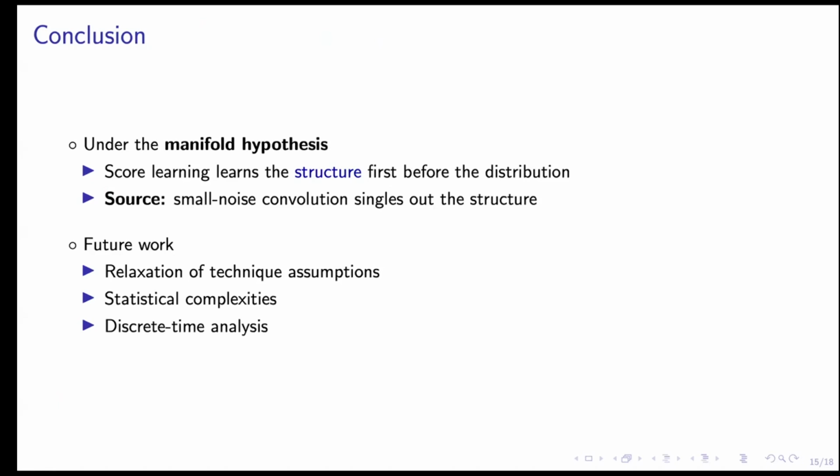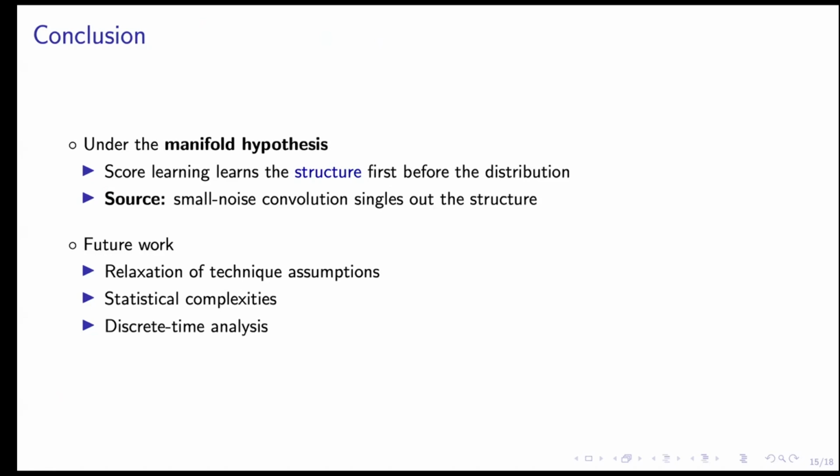A more realistic scenario is whether this can be relaxed to the L2 norm, because in actual score learning or diffusion model training, we learn with the L2 norm, not pointwise learning of the score very well. Also the statistical complexity: how many samples are needed to actually recover the manifold, and how many samples are needed to recover the actual density. This is also missing in this work.